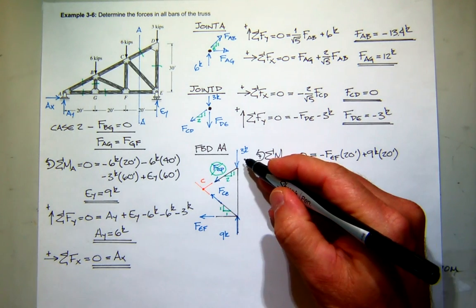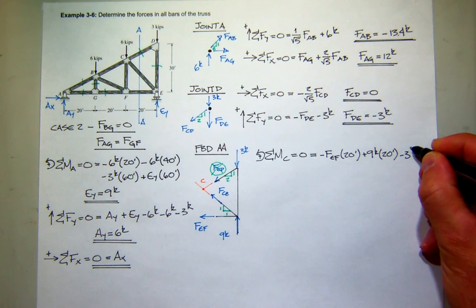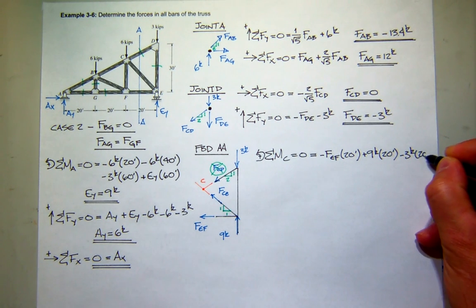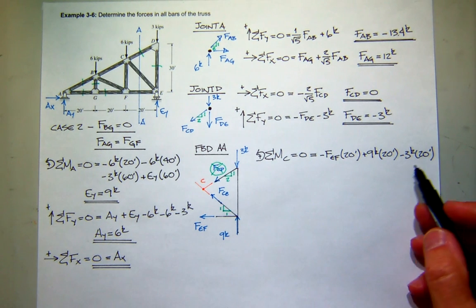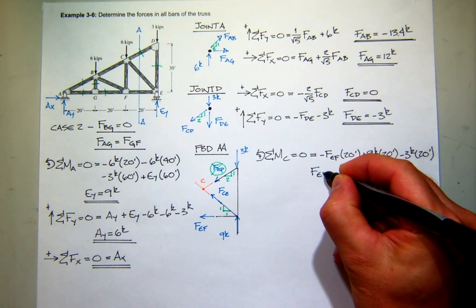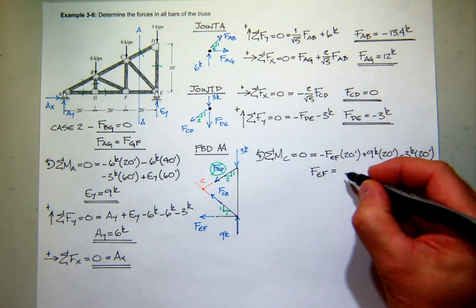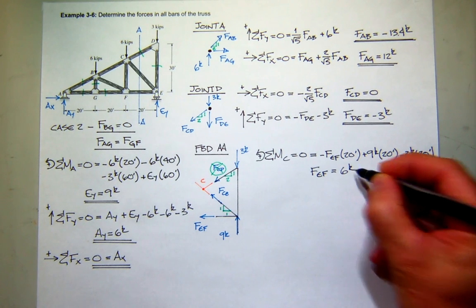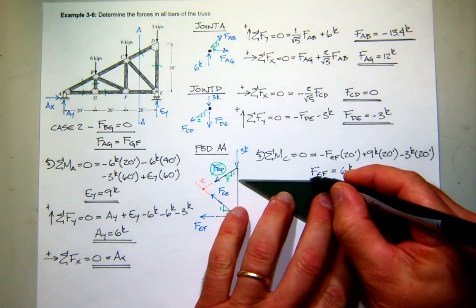And don't forget the 3-kip at the top, which creates negative, also at 20. Did I leave anything out? You divide everything by 20, it looks like the answer is going to be 6. Does that make sense? You guys check that for me?